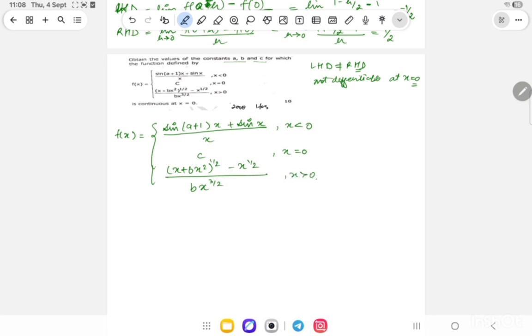It is given that the function is continuous at x equals 0, and we are supposed to find the constant values of a, b and c. So let's do that.